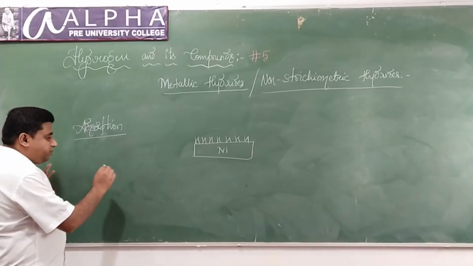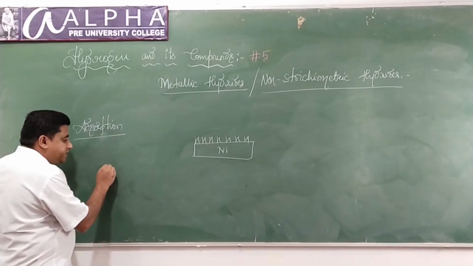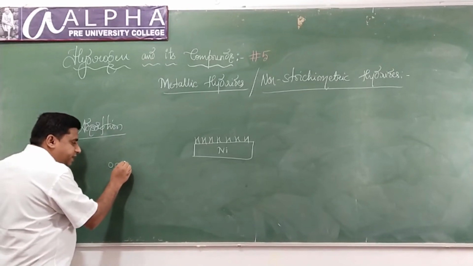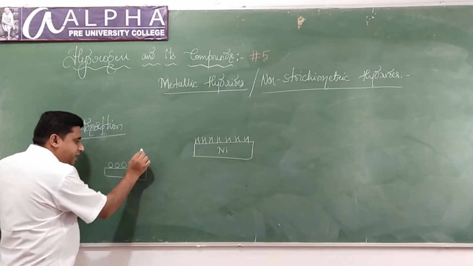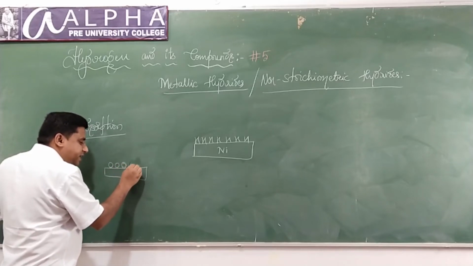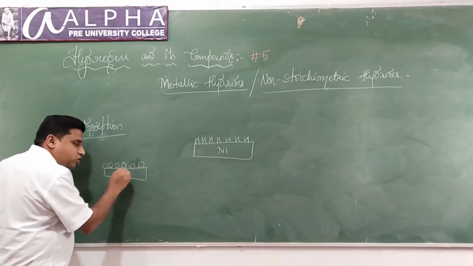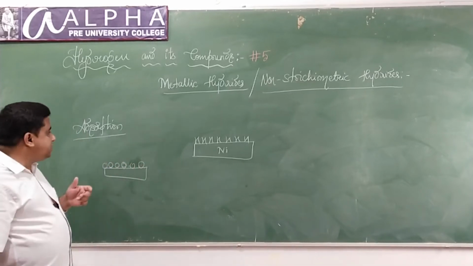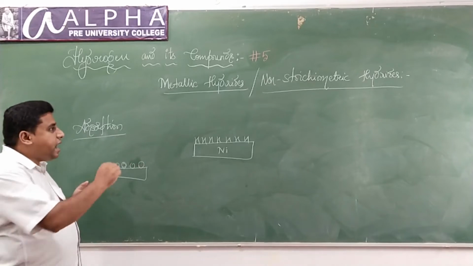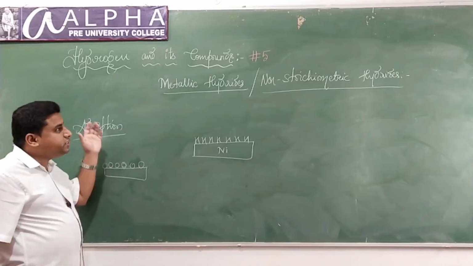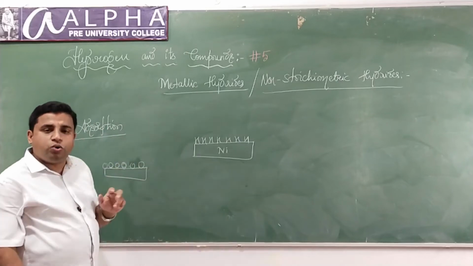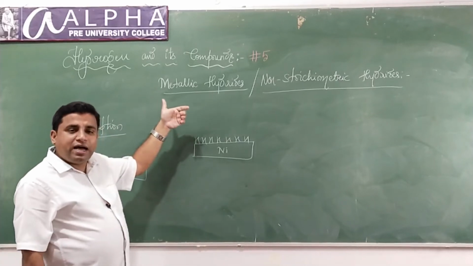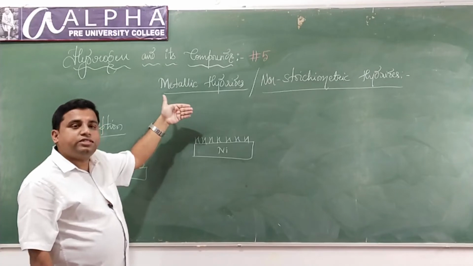If particles of one substance get accumulated on the surface of another substance, that is called adsorption. Look here, I am writing with a piece of chalk on the surface of the board. The chalk particles are getting accumulated on the surface of the board, isn't it?